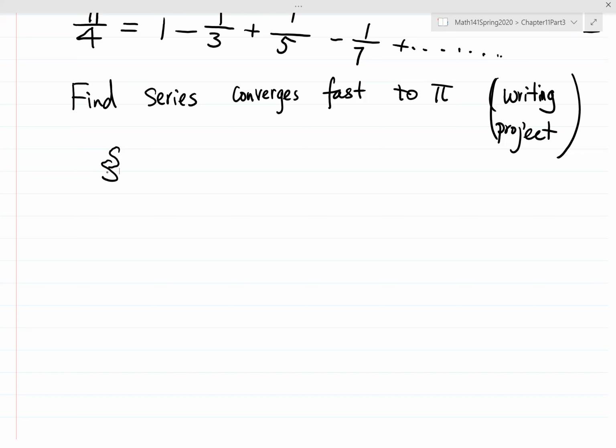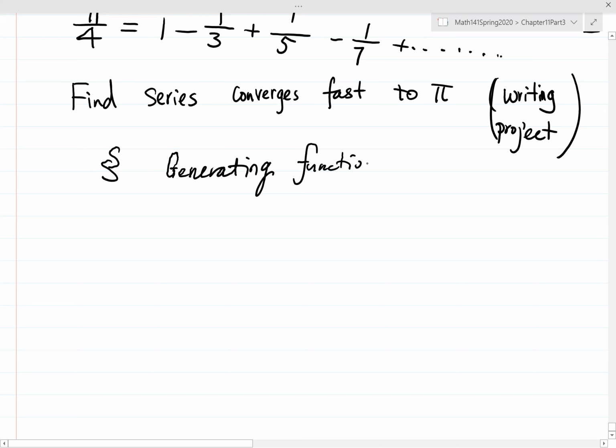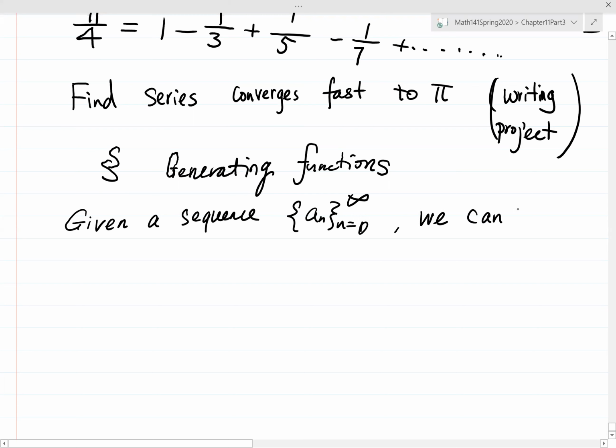Okay, so generating functions. The idea is, given a sequence a_n from 1 to infinity, if the sequence comes from a reasonable or very natural thing in mathematics, then we include a_n in a power series.